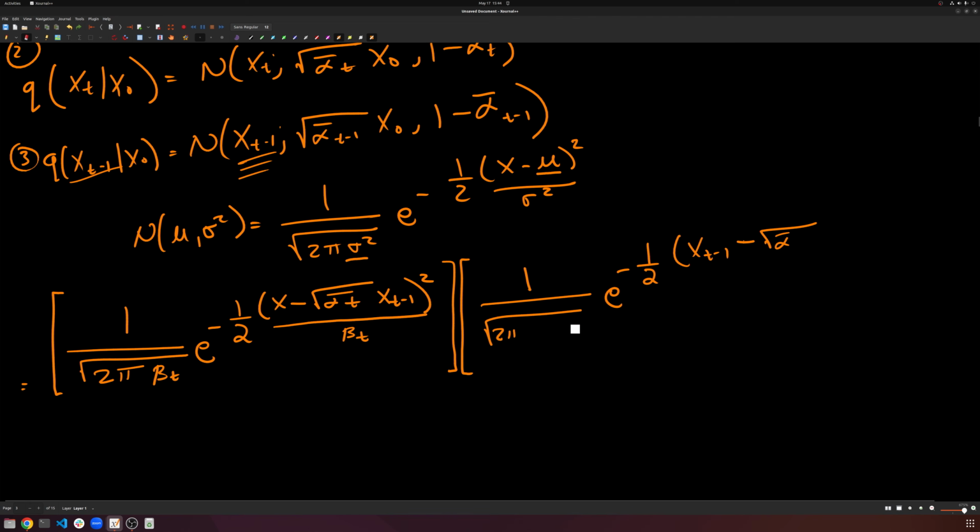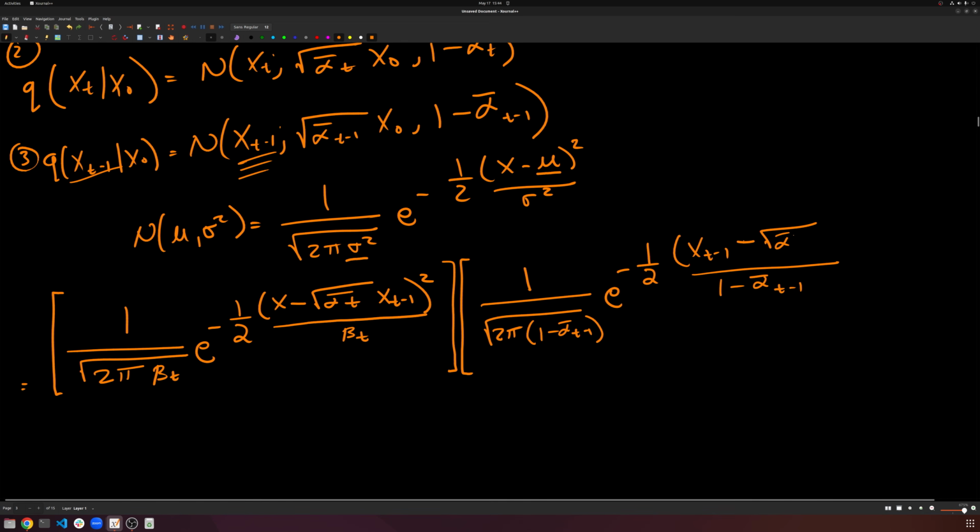Sorry, this is my bad, this was the variance here. So it should be 1 minus alpha hat t minus 1, and the denominator here is going to be 1 minus alpha hat t minus 1. The mean is the square root of alpha hat t minus 1 x_0, and this whole thing is squared. And so that's the second term.